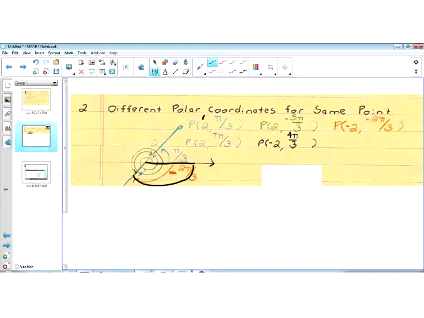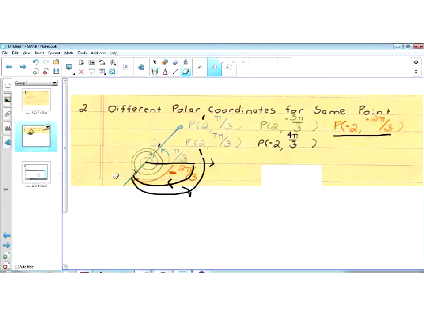Then take this and rotate it 180 degrees counterclockwise, back this way. And then you'll find that the terminal side of this ray, specified by these polar coordinates, would be coterminal with again the blue ray.